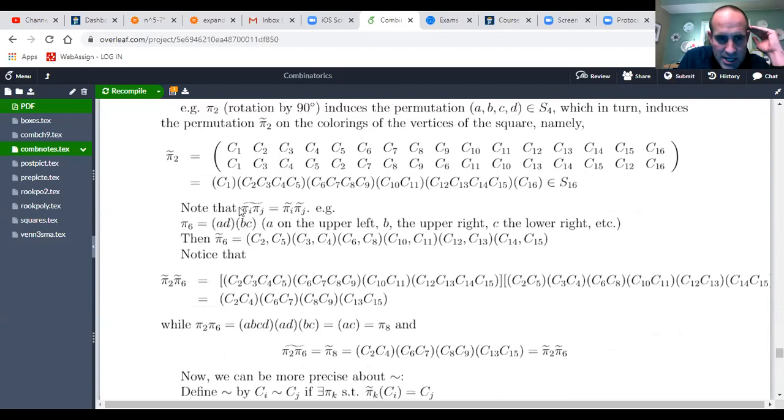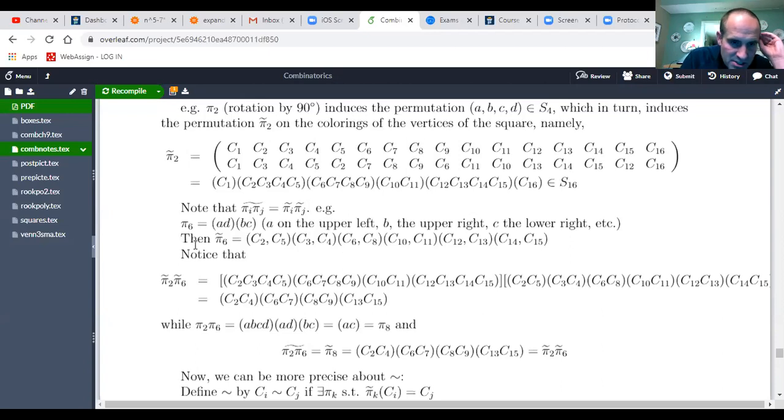So like maybe I apply a reflection first and then the rotation. So you apply these things in a left to right direction. Then the color-induced permutation corresponding to that is the same as what I would get if I took the coloring ones and operated them together. Okay.